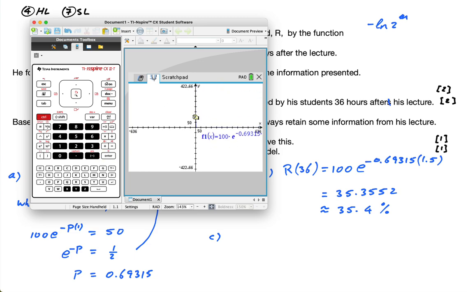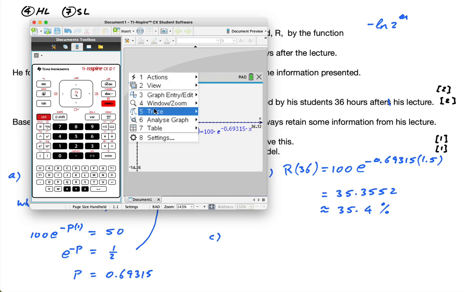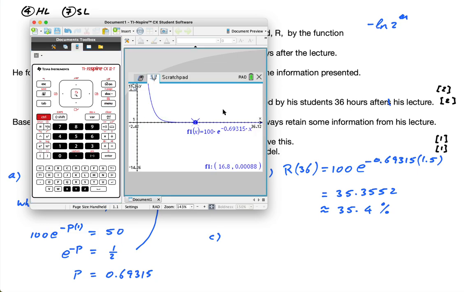So this is the model. As x gets bigger, there's an asymptote at y equals 0. That asymptote means it never actually touches it. So as x gets bigger, this y value will never get to 0.